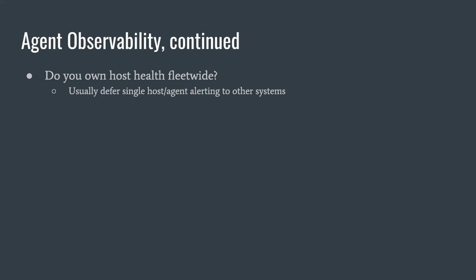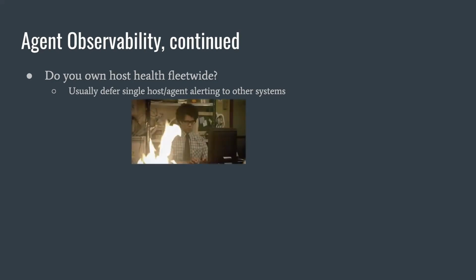One big thing that I brought up before is that host ownership is kind of varied across all the host groups. And probably you, as the person that owns SPIRE at your company, don't also own host health fleetwide. There is, at scale, pretty much always a fire happening. And if you alert on any one agent problem at this scale, you are going to go absolutely crazy.